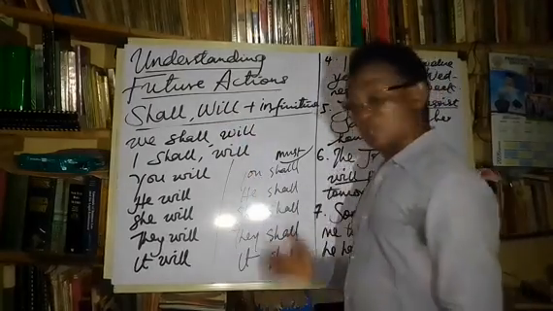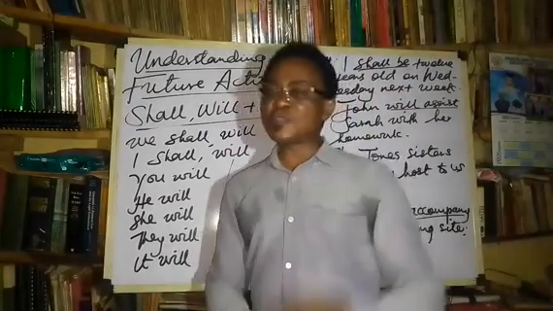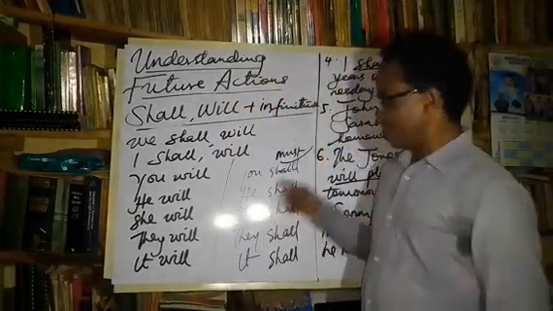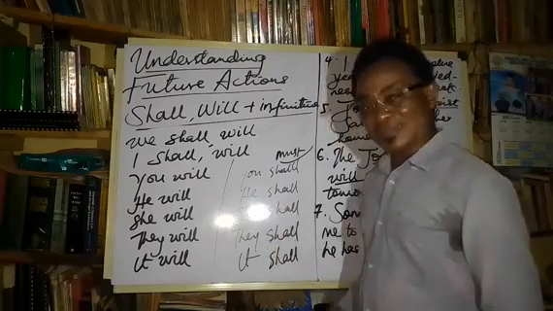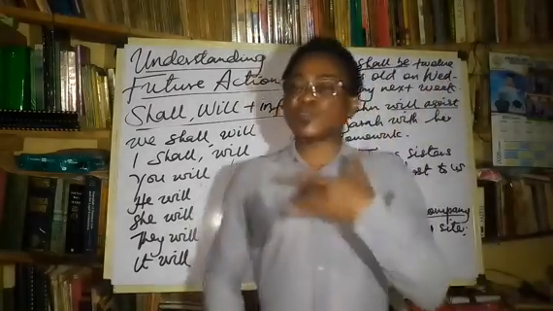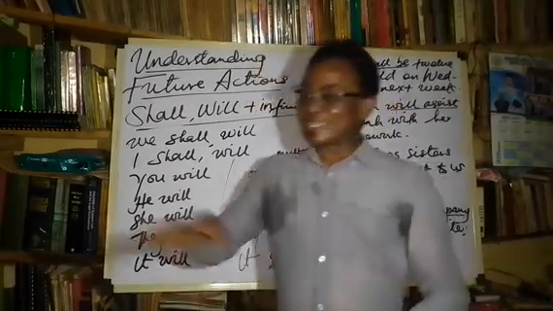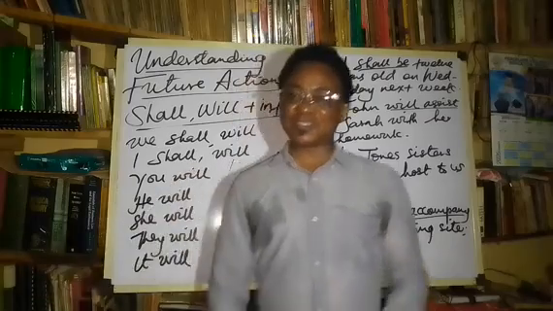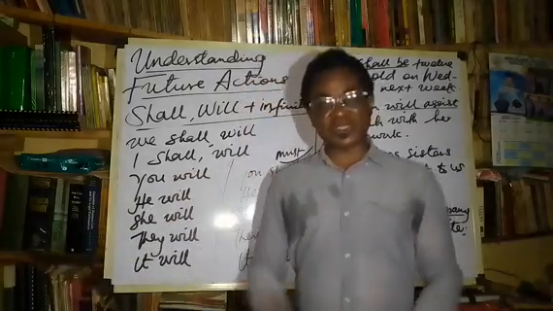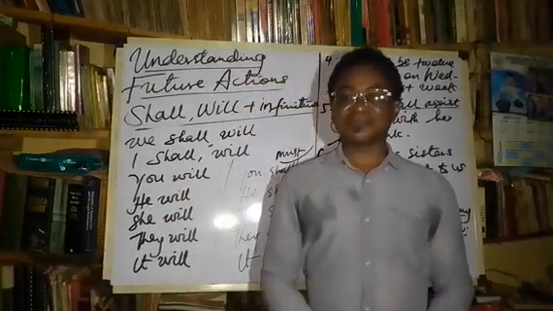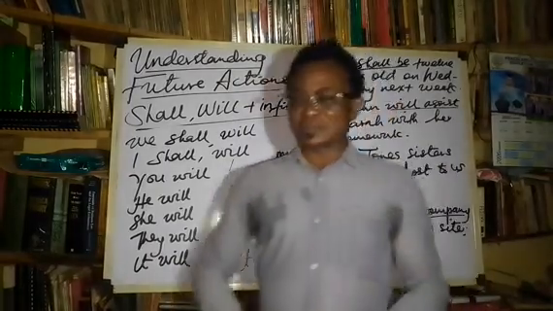They are not future. The other use of shall in this manner, with these pronouns, is when a superior person is trying to say that a subordinate or a junior person, someone junior in rank, must do something. Let me give you an example.